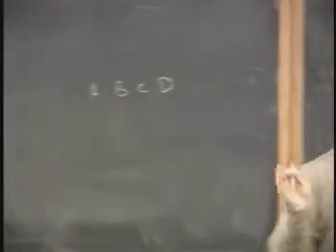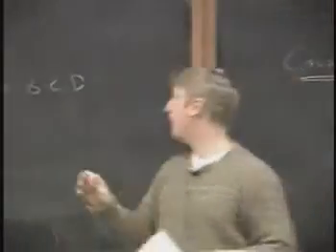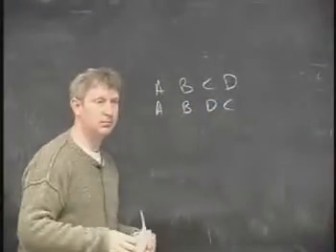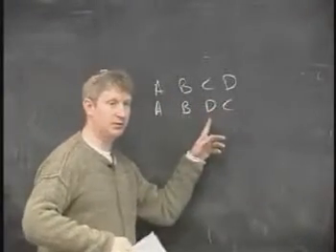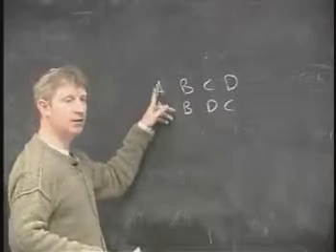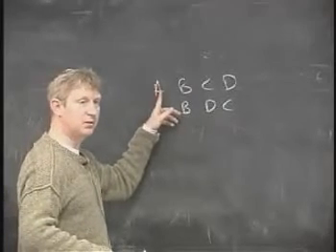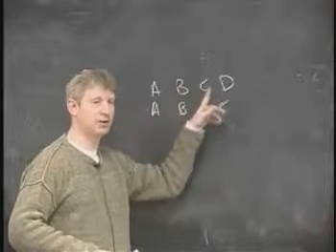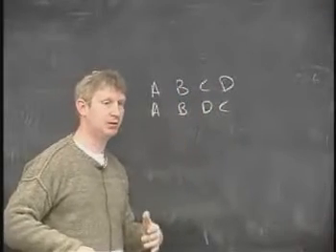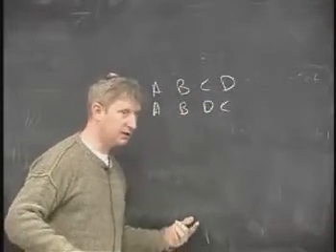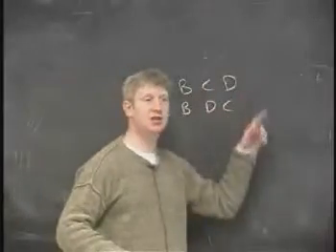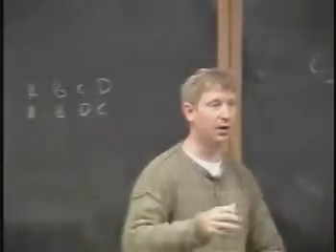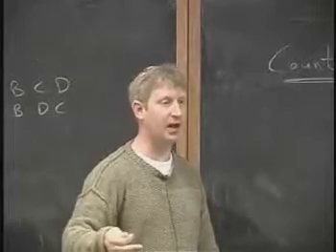But if I don't care about what order they're in, if I want to count, for example, A, B, D, C as the same group, but I counted them separately, then the question is how many things are counted as A, B, C, D? How many of them are equivalent to this one that were actually counted separately? It's all the ones that have A, B, C, D in them in some different order. And how many different ways are there of counting A, B, C, D in a different order? It's 4 people. How many different ways can they line up?